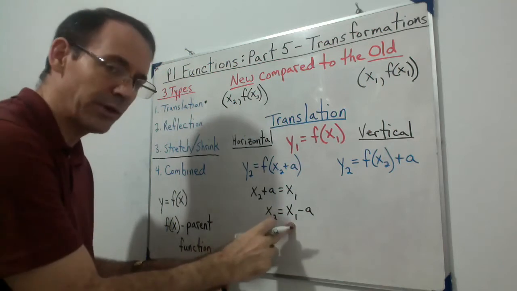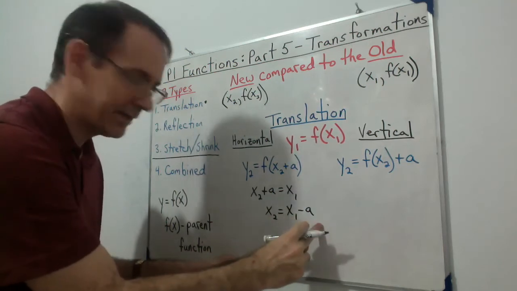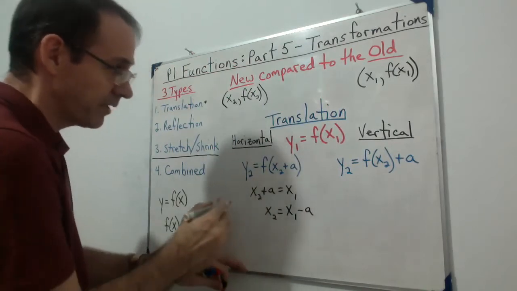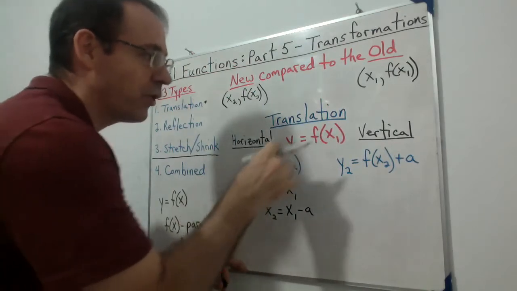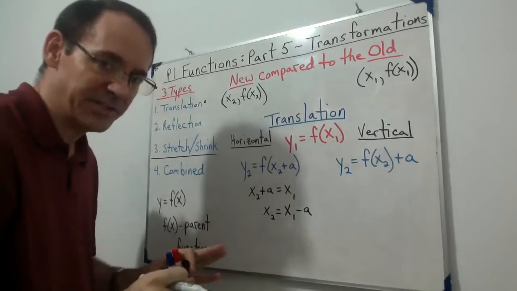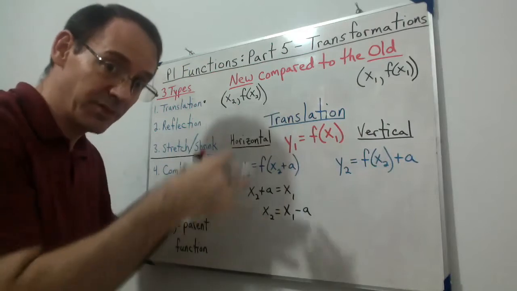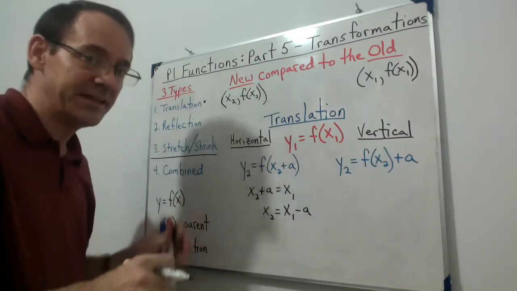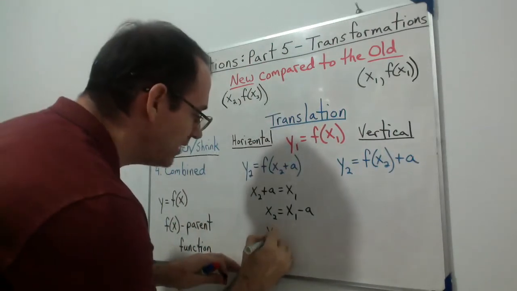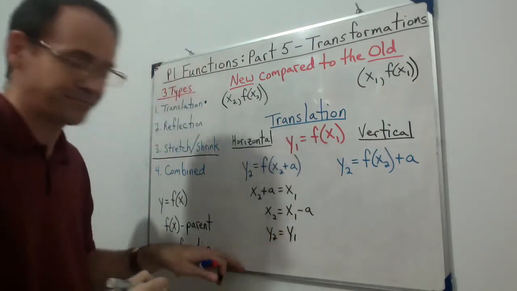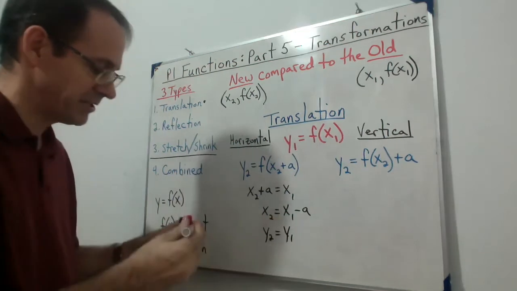So it's the old one, subtract a. If we look at the y value of this, it was only the inside of the function that changed. The outside of the function, meaning the f, the function itself, did not change. So our y2 is still equal to our y1, meaning no change.